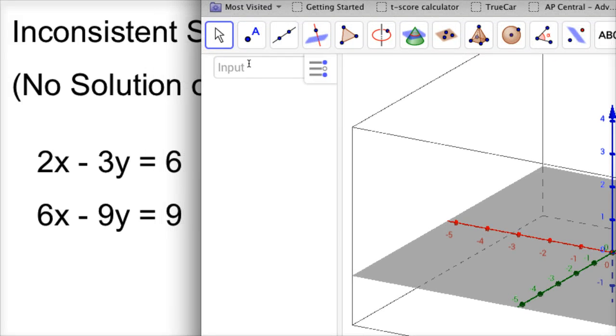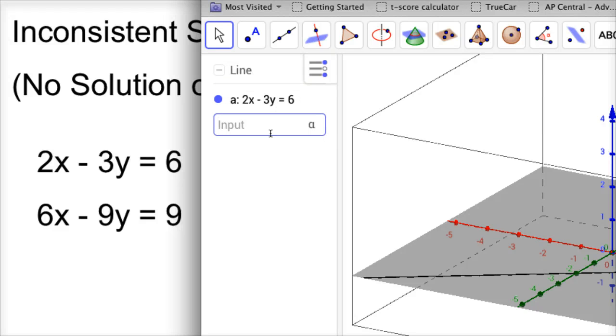We'll go ahead and put it in the input. So 2x minus 3y equals 6, and 6x minus 9y equals 9.